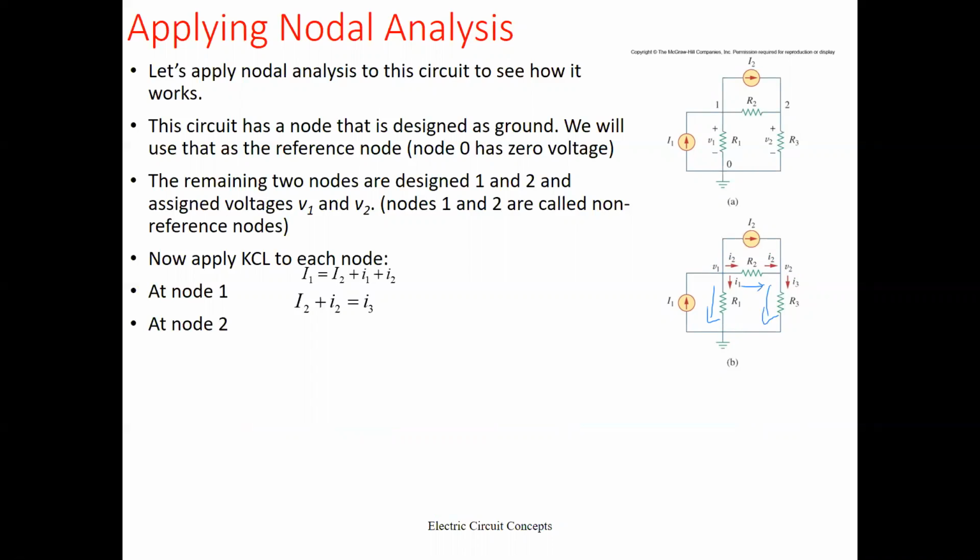But you could assume from bottom to top. You have to be careful, because if you assume the current going from the bottom to the top, then I3 in this case would be 0 minus V2 over R3.